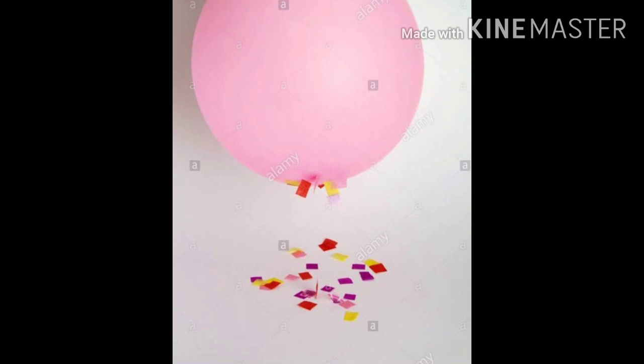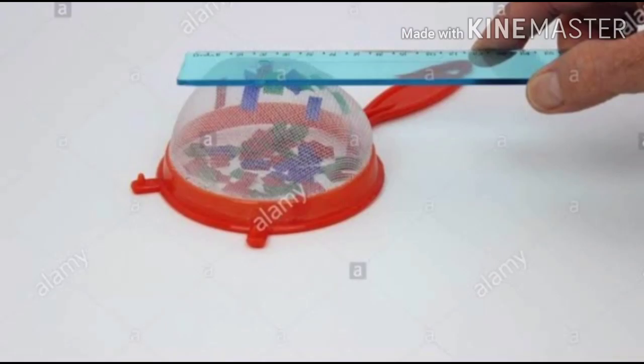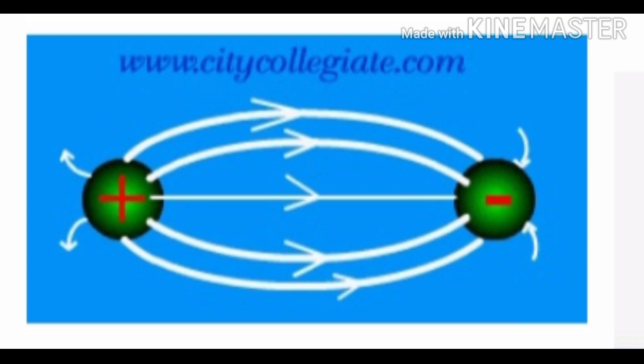We can say that when the balloon is rubbed with a paper, it acquires an electrostatic charge on its surface. The balloon is now said to be a charged body. When it is brought near the bits of paper, the pieces acquire opposite charge and will rise and cling to the balloon.